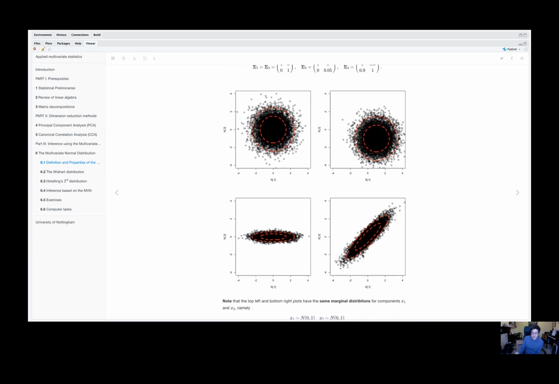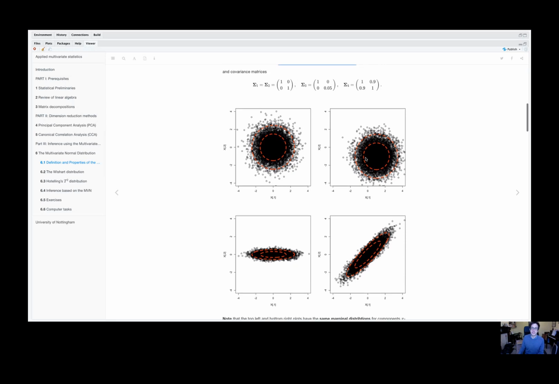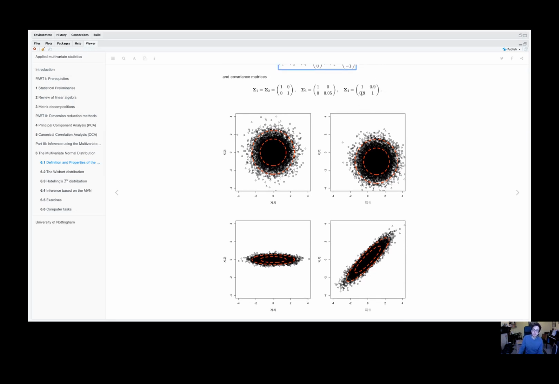And so what you can see here is we get points that are highly correlated with each other. So we've still got centered around 0, 0. We've still got that the first component has variance 1, and the second component has variance 1, but now they're strongly correlated, and so we have this kind of diagonal cloud of points. Okay, that's because we've got a covariance that is non-zero here.